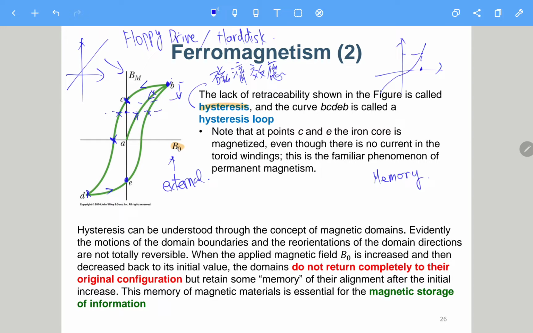The solid state disk has a high density, which means it can be smaller and store more data. A hard disk is at least as large as this, and the speed is low because you need to rotate it to a proper direction, and then provide an external magnetic field to store the data at that point. So the speed for the hard disk is relatively low compared with the flash disk or the solid state disk.